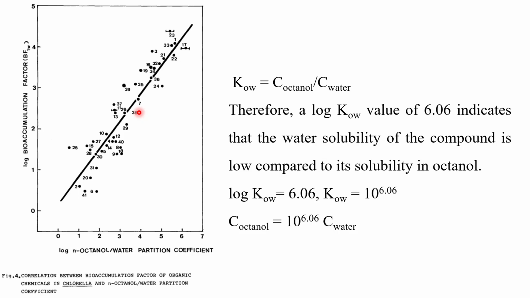So it will get accumulated in our system, and as we go up the ecological pyramid, from a small insect up to the human, you will see the accumulation of these compounds increase over the ecological pyramid.